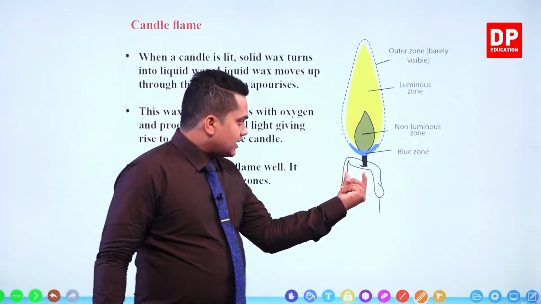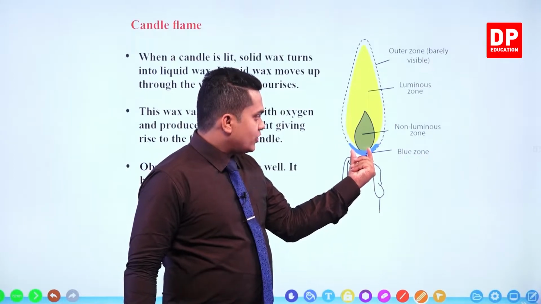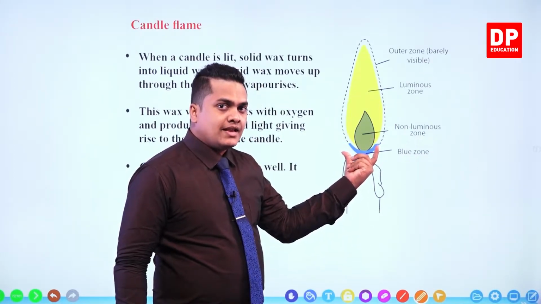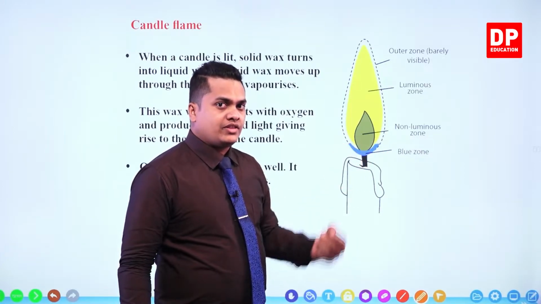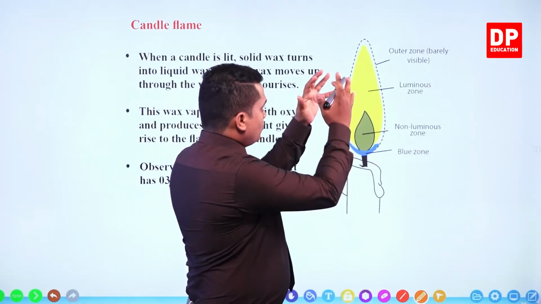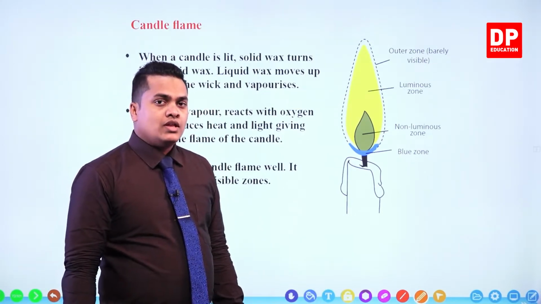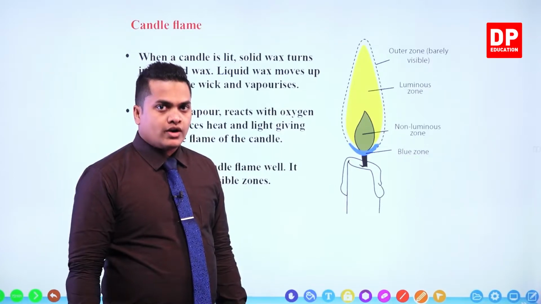So the candle wax coming from here vaporizes at a suitable ignition temperature, and it interacts with oxygen to produce this wonderful flame. This is how the candle flame occurs.